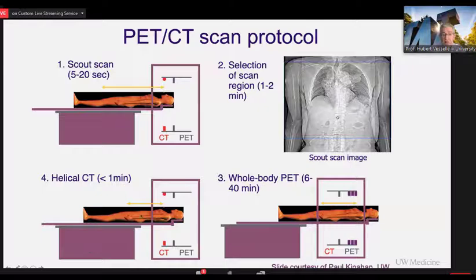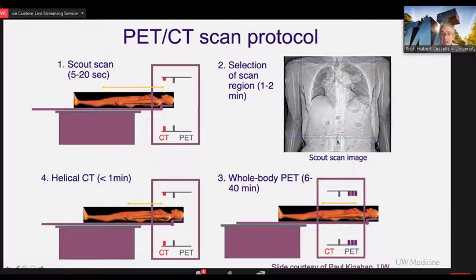And the CT scan is used for 2 things. One is to be able to co-localize and co-register abnormalities seen on the PET scan with the CT scan. The other aspect of this is to use a CT scan to correct for attenuation. The photons that come out of the lungs don't get stopped much because the lungs are not dense. So they're going to represent disproportionately high in the scan.